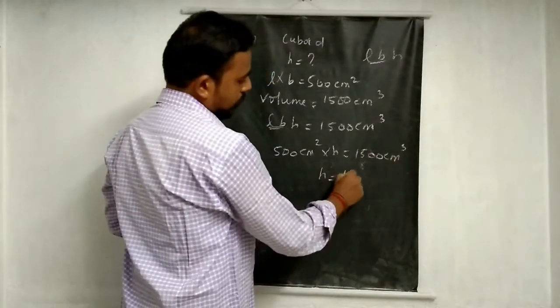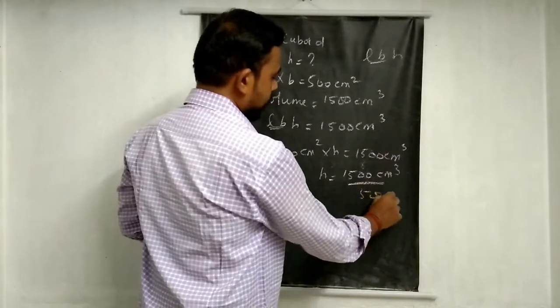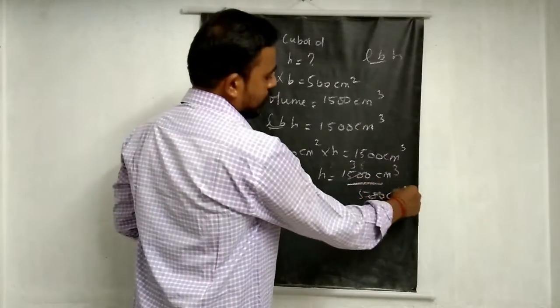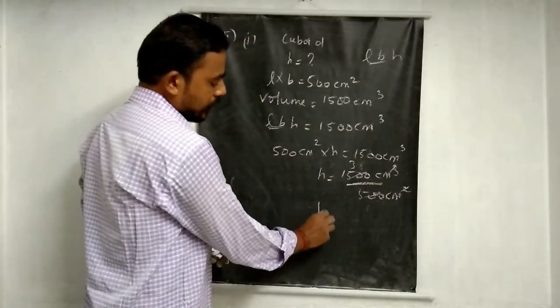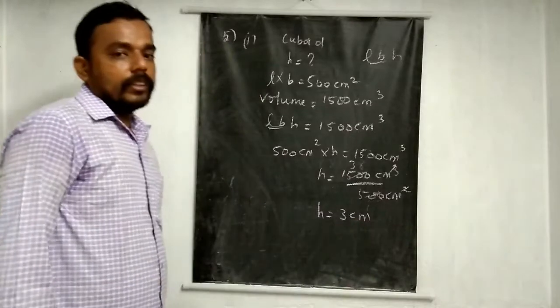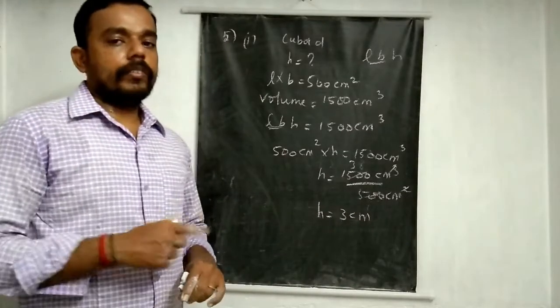So H equals 1500 centimeter cube divided by 500, so 3. Cancel one centimeter from centimeter square, so H equals 3 centimeter. Unit for a single length is centimeter, for area centimeter square, for volume centimeter cube.